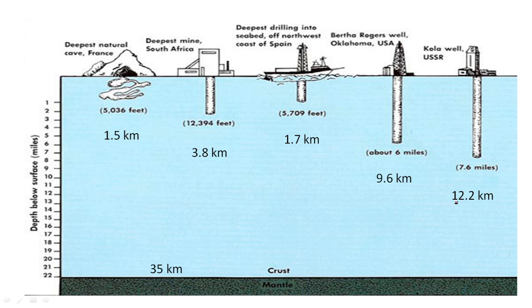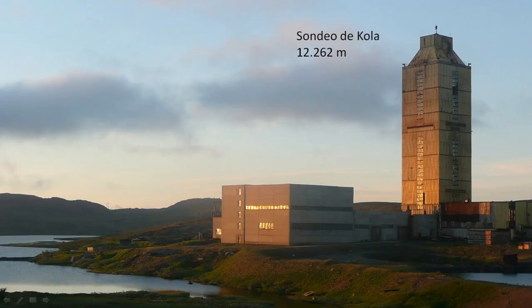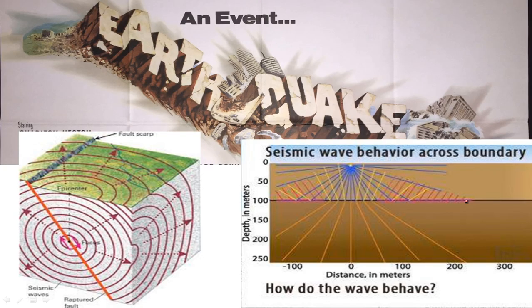The record is this well dug in Russia, which is the Kola well, and it's 12 kilometers in depth. However, the crust has an average thickness of 35 kilometers, from 10 to 70 kilometers. So you can see that this is just a little part of the crust that we can know exactly the composition, and we can touch the rocks basically. This is an image of the well.